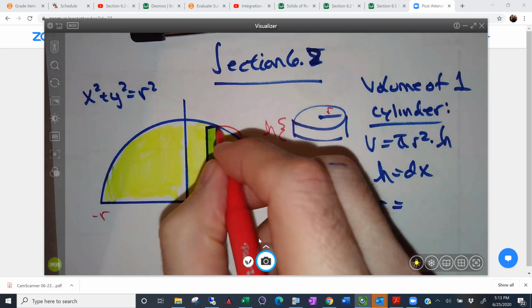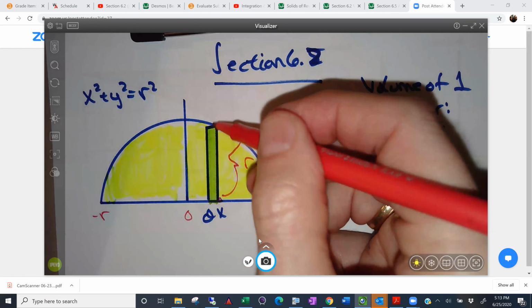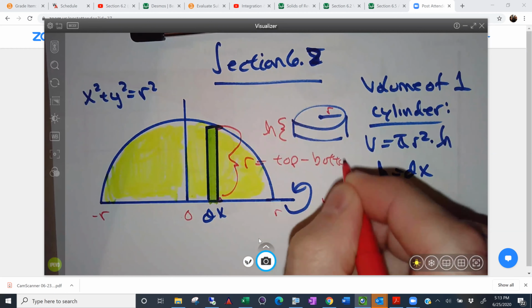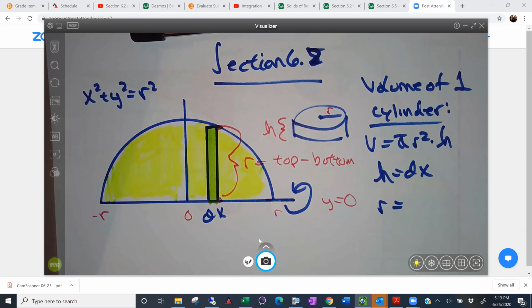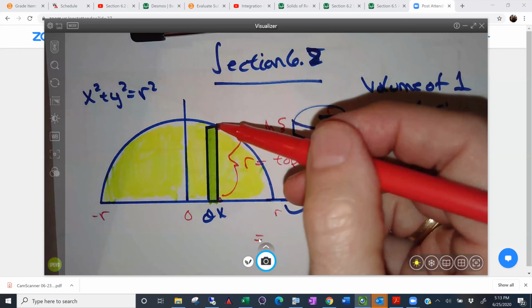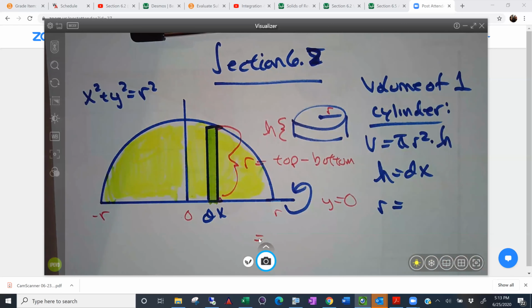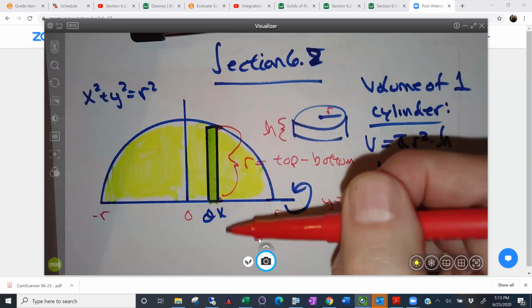And the thing about this distance, when you're calculating a vertical distance, is always top minus bottom. The top function, well, let's think here. That's not quite so clear. You want something that just depends on x.